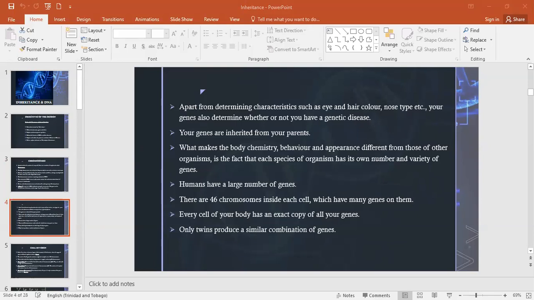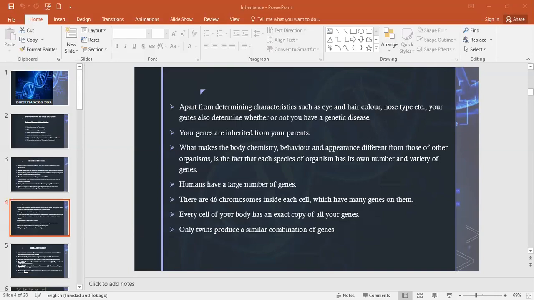It starts with D, it has a P in the middle, and it ends with D. A cell with 46 chromosomes. A diploid. Oh, Dimitri just said it. Very good, Dimitri and Emily. It's called a diploid cell because every cell in the human body is supposed to have 46 chromosomes.